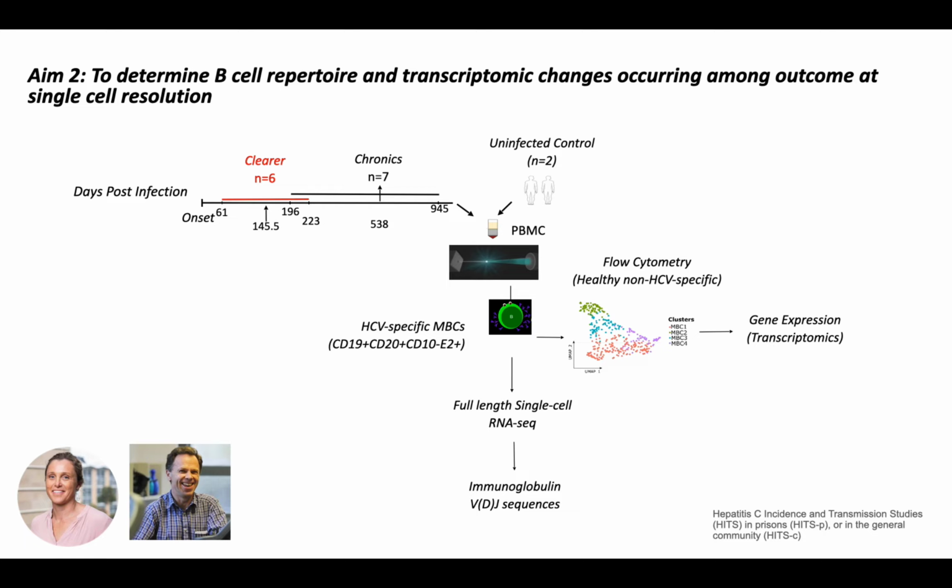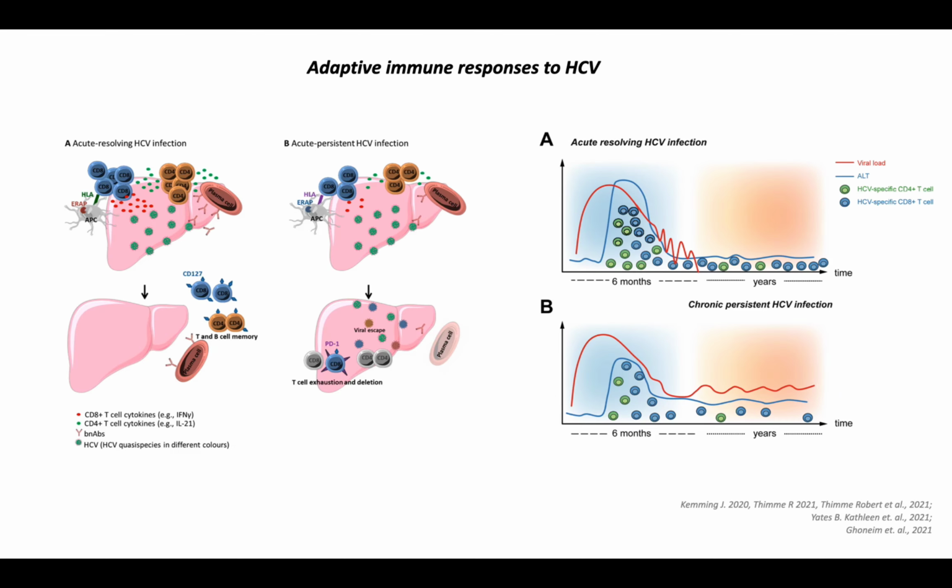This data came from Andrew Lloyd and Rowena Bull's lab, and we used the PBMC samples to get the B cell receptor and gene expression profile to identify questions such as what is the difference between their repertoire and gene expression, and how the B cell receptor and gene expression are impacting the outcome.